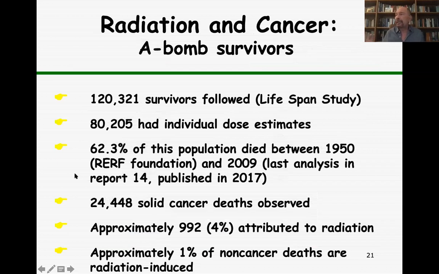So what is the cohort here? The study was called the Lifespan Study, started in 1950, I told you. And the whole population was exactly 120,321 survivors. However, out of these survivors, only 80,205 really entered in the study because they have individual dose estimates.